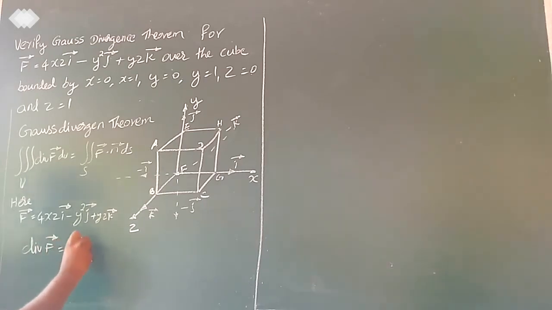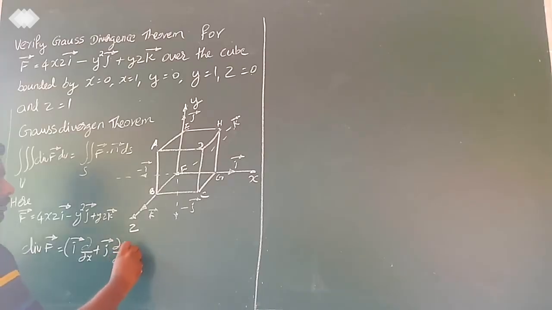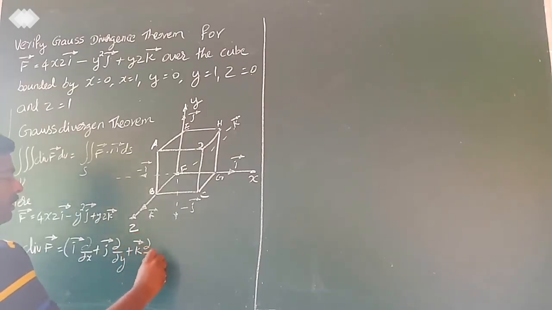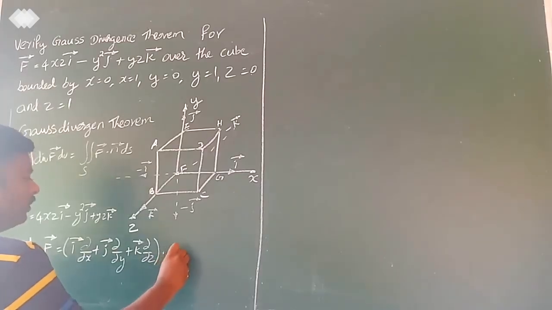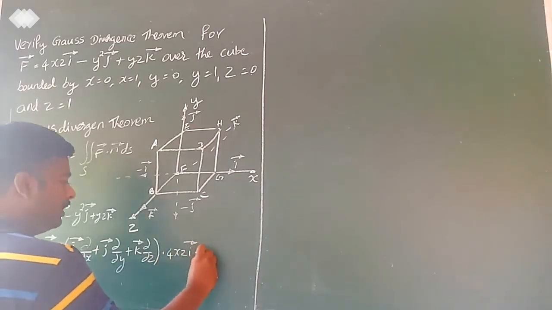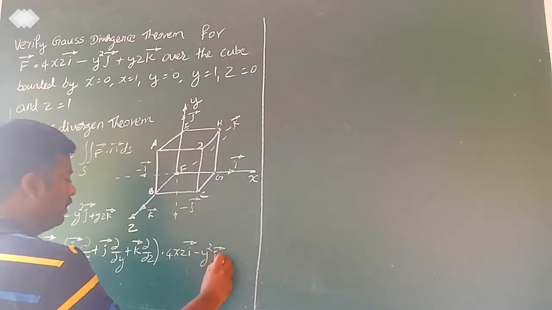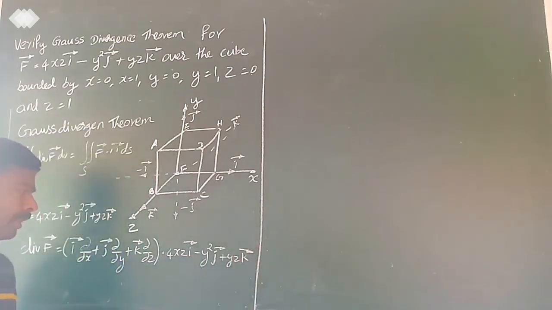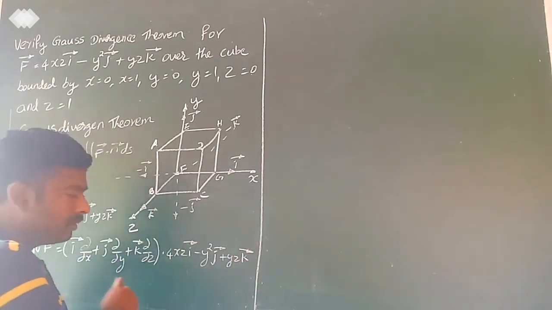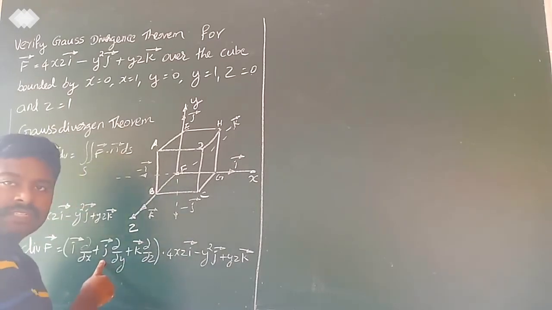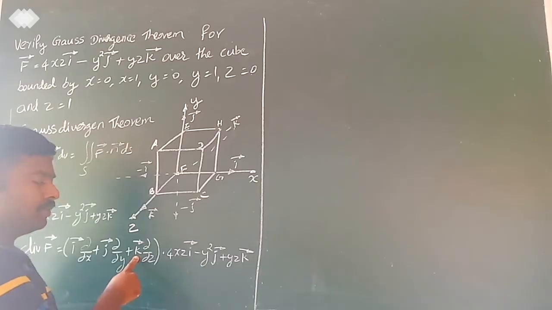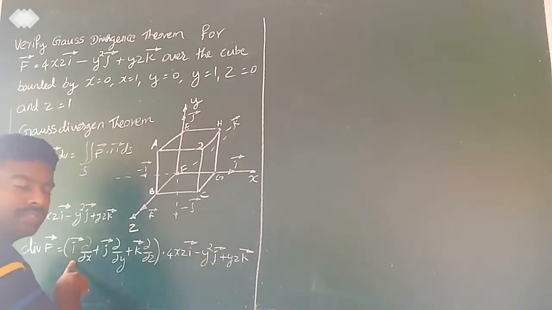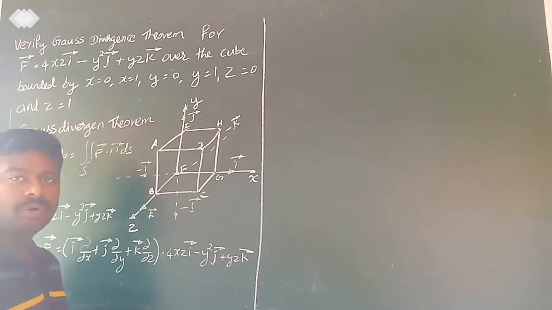we know divergence means i vector dou by dou x plus j vector dou by dou y plus k vector dou by dou z dot f vector equal to 4xz i vector minus y square j vector plus yz k vector. So you know i vector dot i vector equal to 1, but i vector dot j vector equal to 0, i vector dot k vector equal to 0. j vector dot i vector equal to 0, but j vector dot j vector equal to 1.